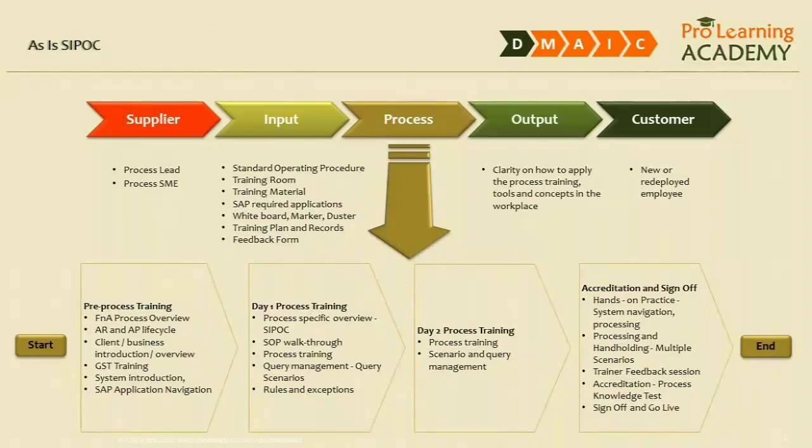But if the trainer would not have one or two of the critical to process inputs, he will not be able to deliver the required training, and the training output will be impacted. And that's why this SIPOC is important. So it is supplier, input, process, output, and the customer.